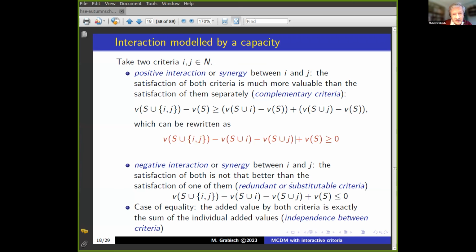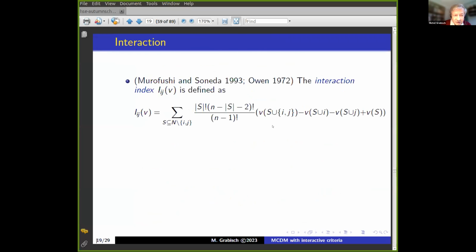And you see that this is defined with respect to some subset S. And so the question is, what happens if I take another subset, S prime or whatever? This is why we need to take a kind of average of this quantity.